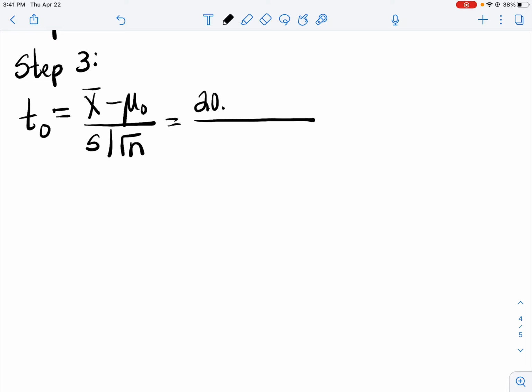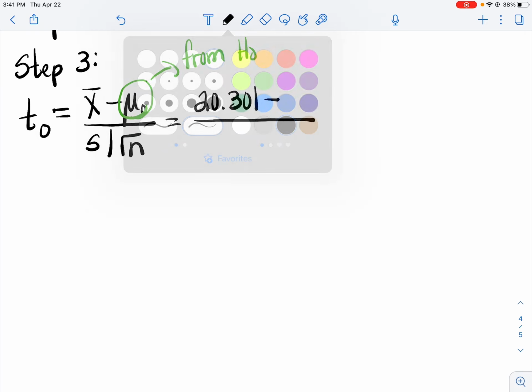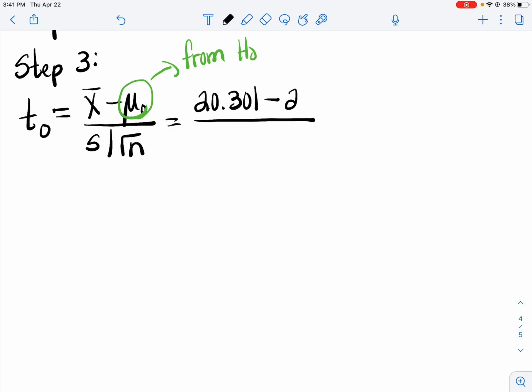X bar here was 20.301. Mu naught, remember, comes from our null hypothesis. So here, that should be 20.1. Our standard deviation was 0.64, and n here is 11.